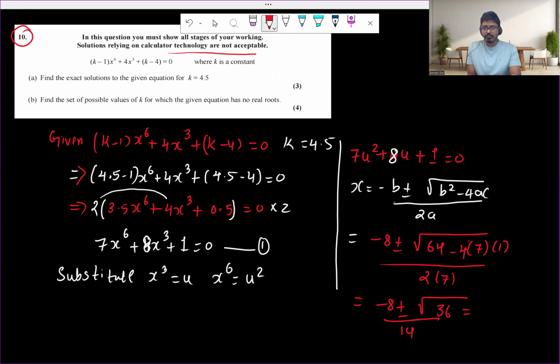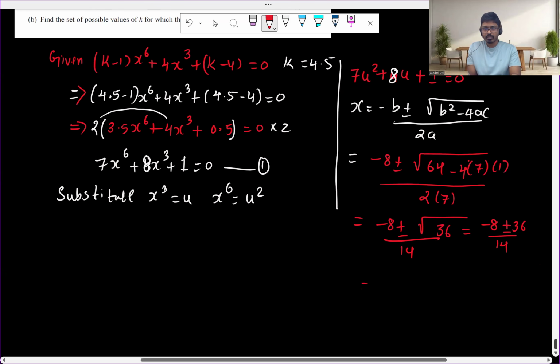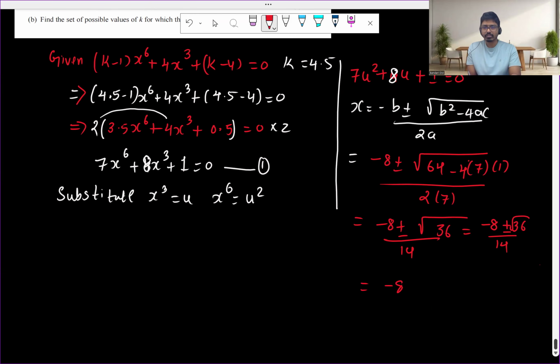So minus 8 plus or minus the square root of 36, which is 6, upon 14. This is our first value: minus 8 plus 6 upon 14 is negative 2 upon 14, which is negative 1 over 7. That is our first answer.